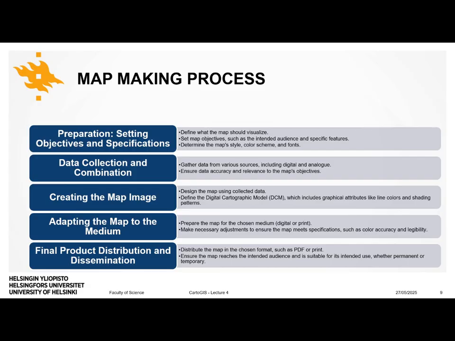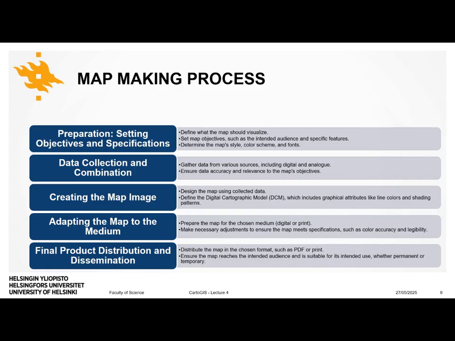So, the map making process. We have seen different versions of this in the last week, so I won't go through details. We have some data we want to work with, and we have some objectives. Either you have collected your data or you have taken it from somewhere, and you do some processing. Then we get to the point where we want to create the map, which is the interesting part for this course.